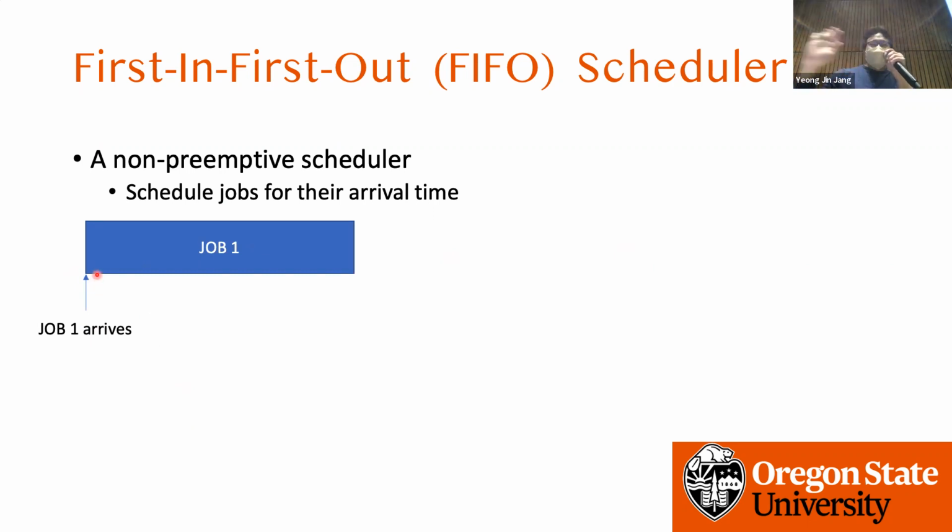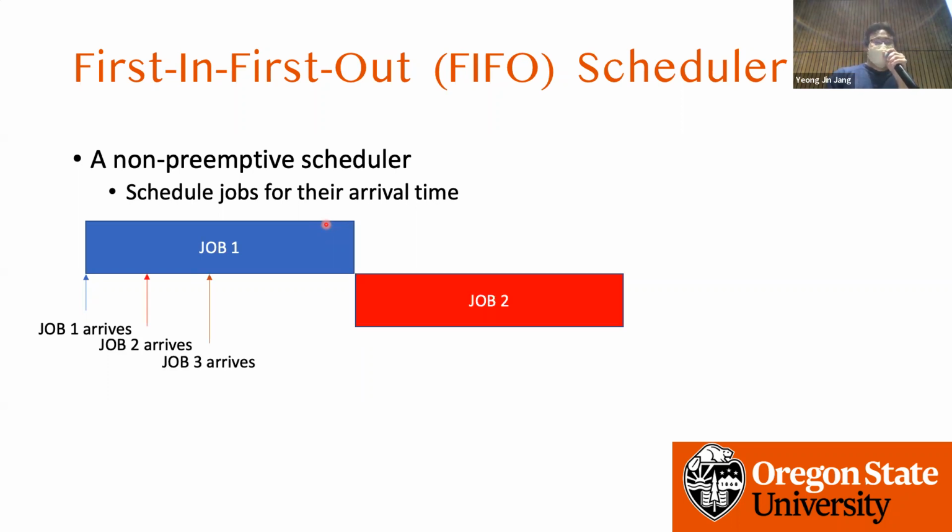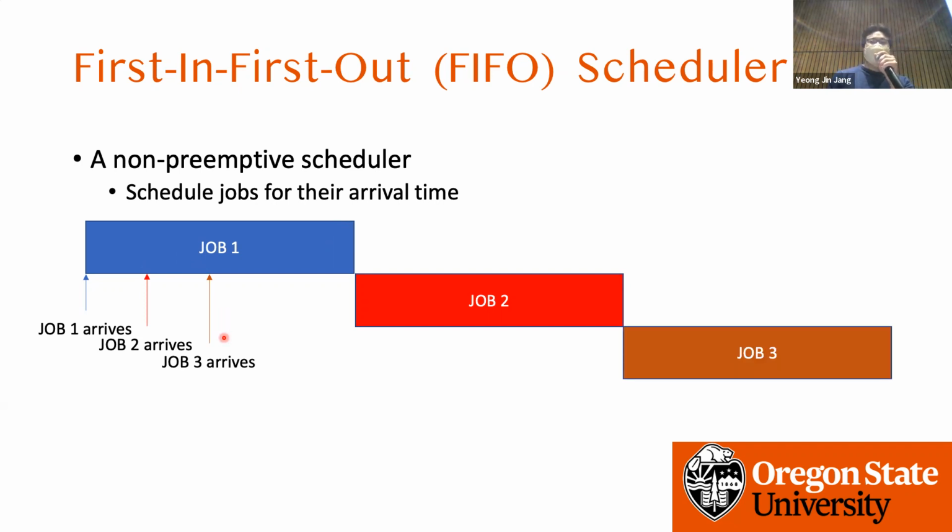Because this is a non-preemptive scheduler, it will wait until job 1 finishes. While we are running job 1, job 2 or job 3 could arrive, and they must wait. Only after job 1 finishes can we run job 2, because job 2 came first, before job 3 arrived. And after we retire job 2, we can run job 3. This is how the first in, first out scheduler works.